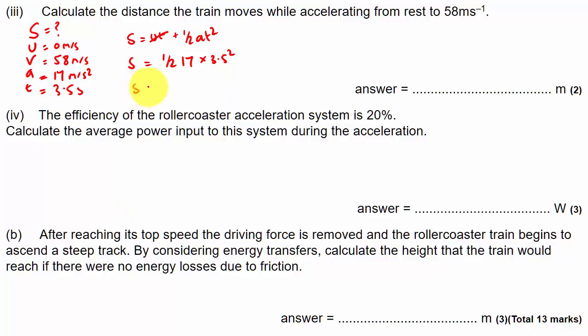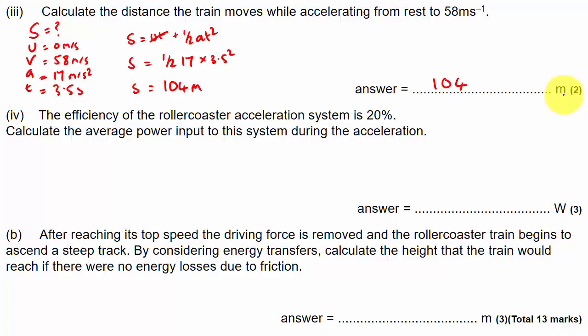Okay, so when I calculate this, I get basically 104 meters. I got a bit of a bug with my pen here, I think. 104 meters. Okay, so I'm given the unit. I don't need to write it in.